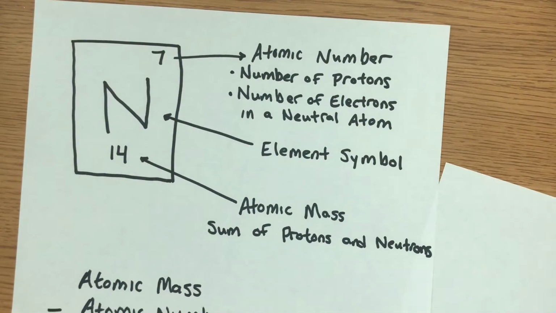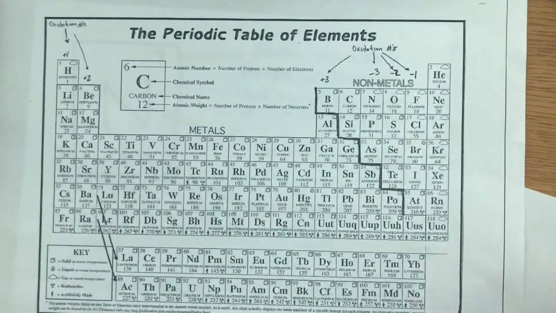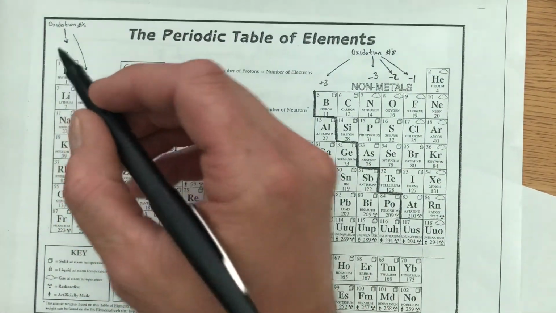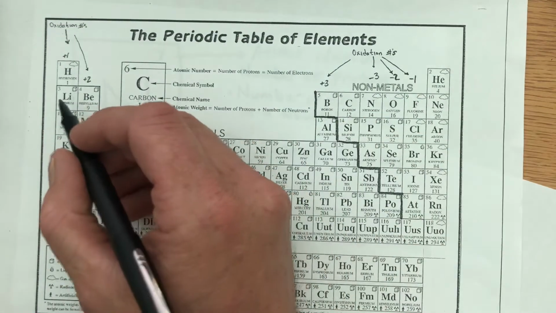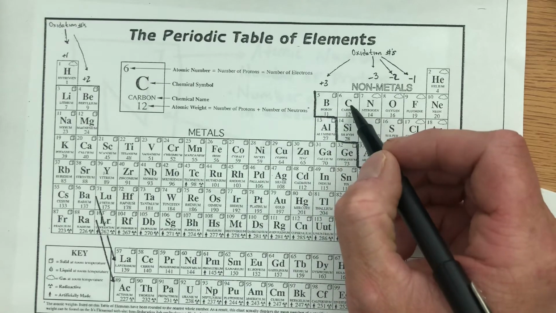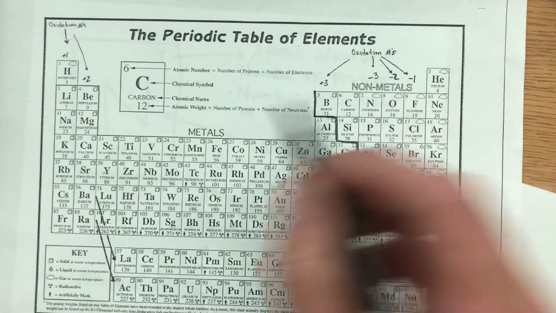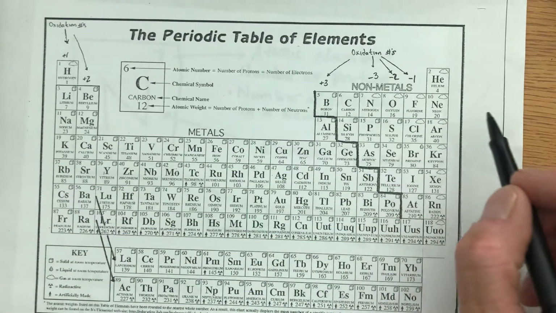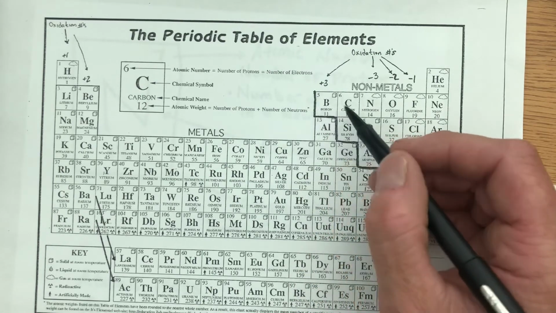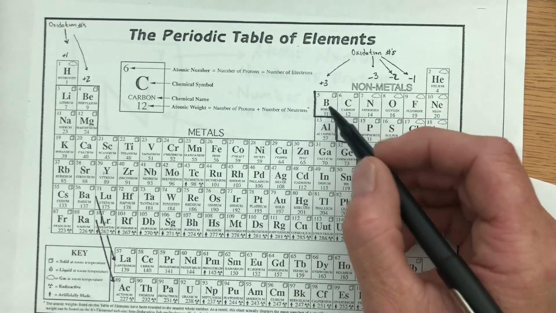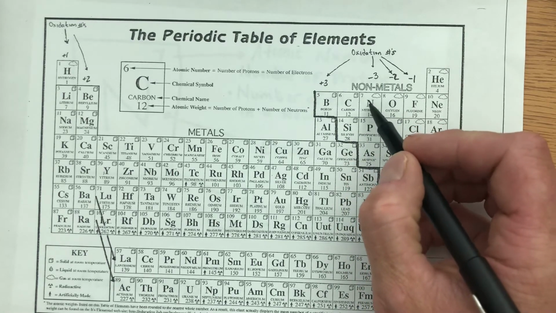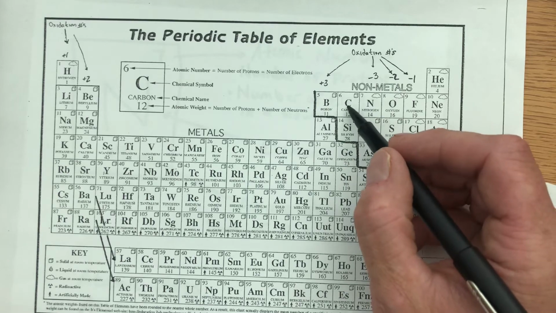And so the way that the periodic table is set up, you can see here that hydrogen starts with a 1 in the corner, helium is 2, lithium 3, beryllium 4, boron is 5, carbon 6, nitrogen 7. So you can see that as you go across these rows, the atomic number increases by 1, which means that a nitrogen nucleus has 7 protons and a carbon nucleus has 6.